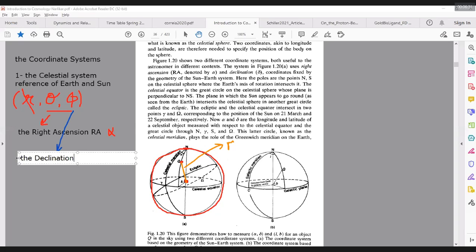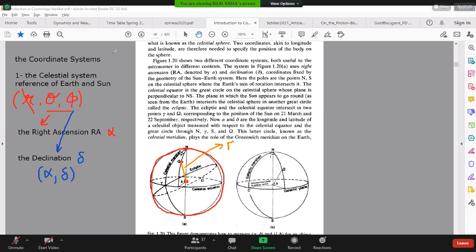The angle is called the declination with the symbol delta. So after the distance, this coordinate system is based on the two coordinates alpha and delta that are very similar to theta and phi of a generalized coordinate system.